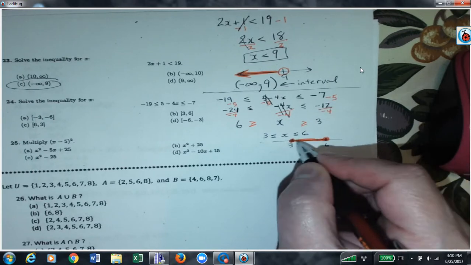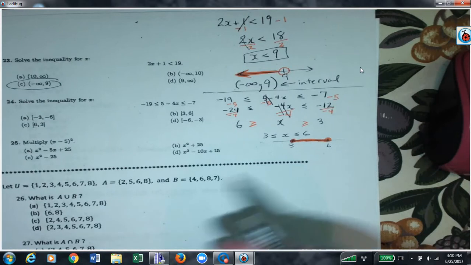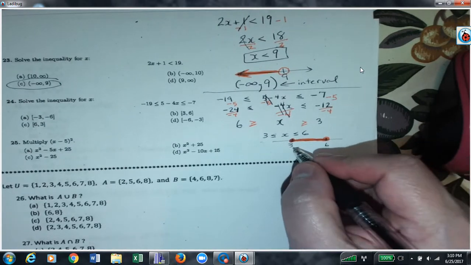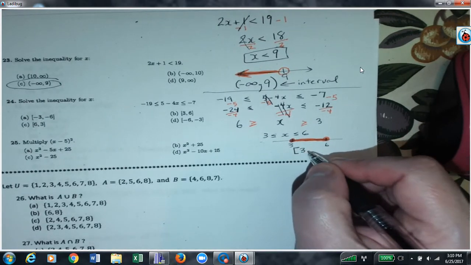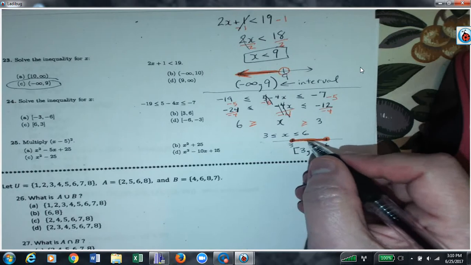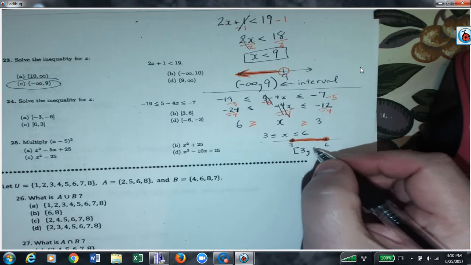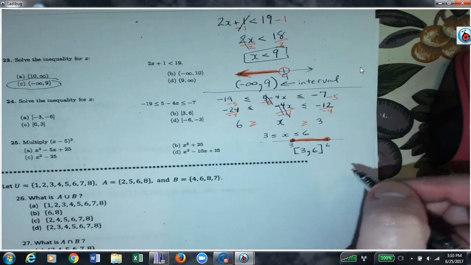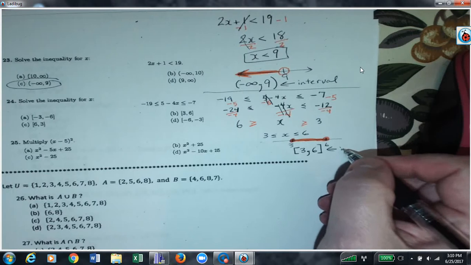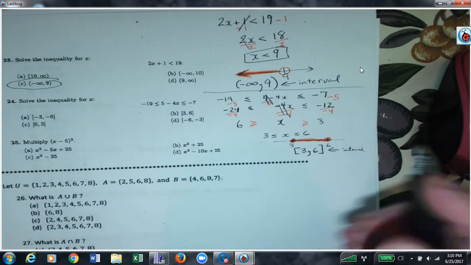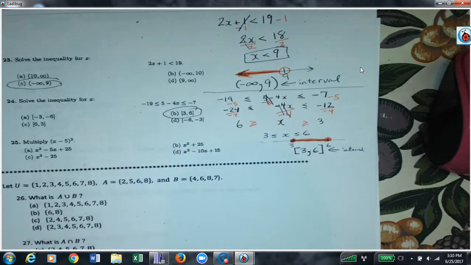So if it's in the red, it's good. So in interval form, what does the red mean? I start at and include 3, and then continue and stop and include 6. That is my interval. And we can see it's matching selection B. So number 24 is B.